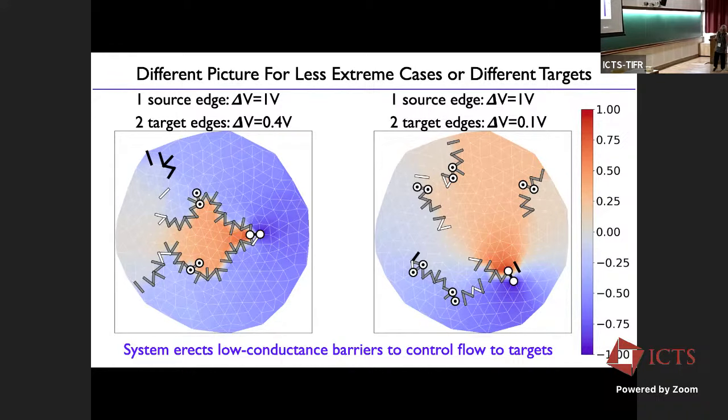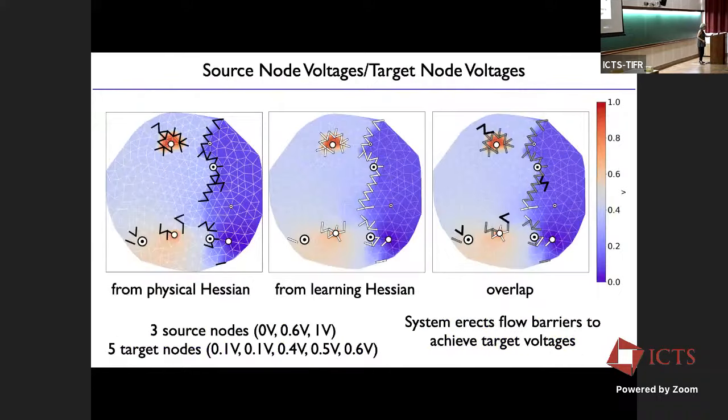I didn't do this. 5 different target edges, each tuned to a different pressure, voltage drop, which I didn't list here. This is just wrong. Okay, so each tuned to a different voltage drop, and it accomplishes that by setting up these little barriers to the flow through the system.